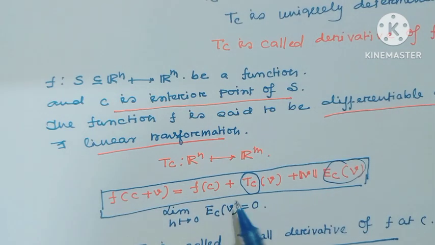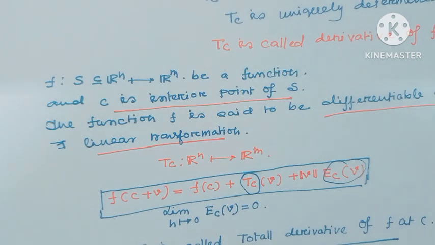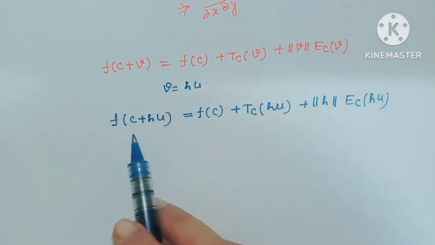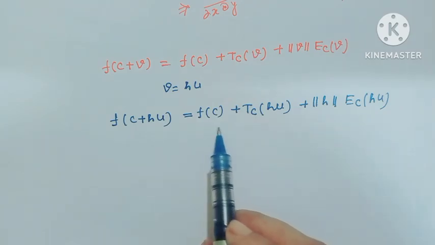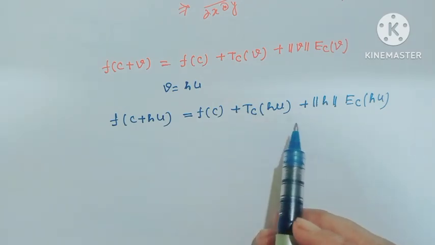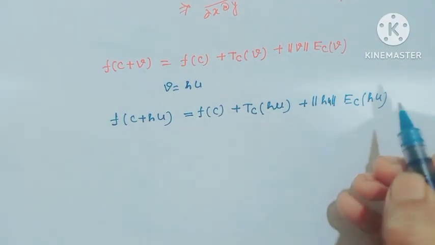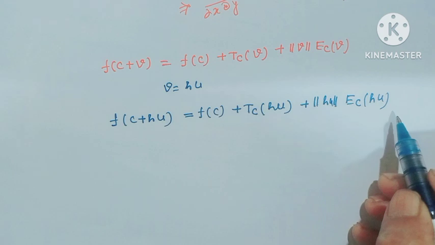In this expression, if we put v equal to su, then this would be f of c plus su equal to f of c plus T_C(su) plus norm su times E_C(su).